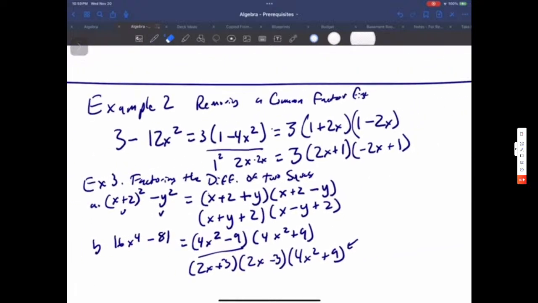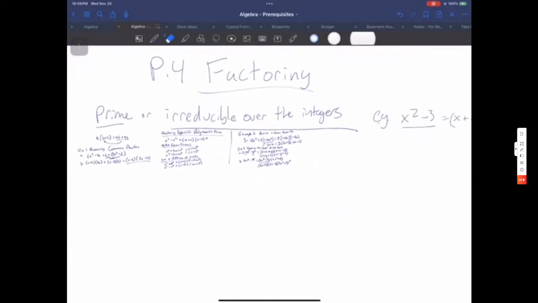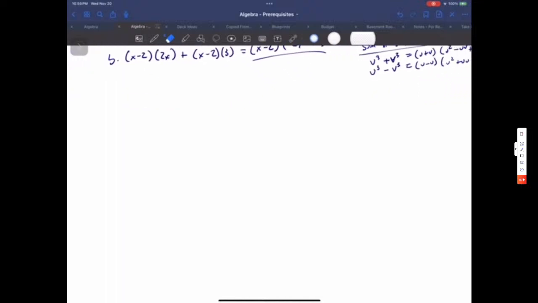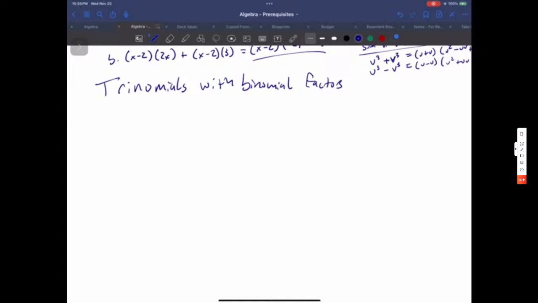So trinomials with binomial factors. Alright. To factor a trinomial of the form ax squared plus bx plus c, use the following pattern.